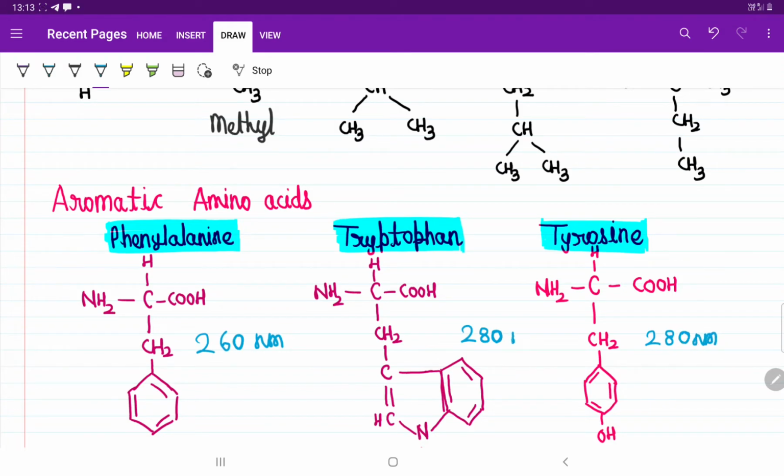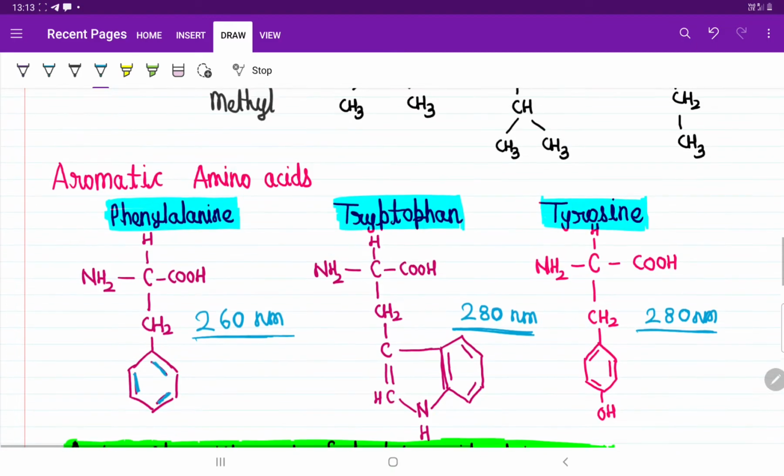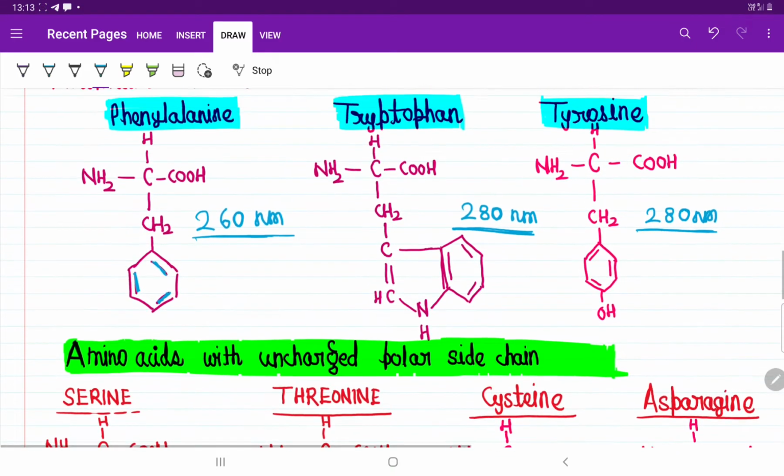So I just want to say they have an aromatic ring, and in this aromatic ring pi electrons are present. The pi electrons have the ability to absorb light at different wavelengths, but the average value is 280 nanometer. So these are all examples of aromatic amino acids.